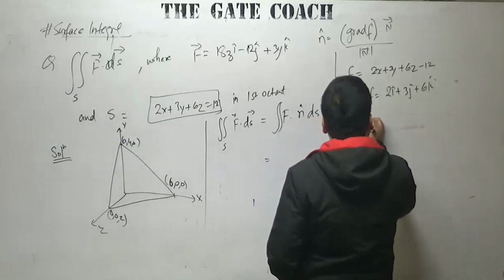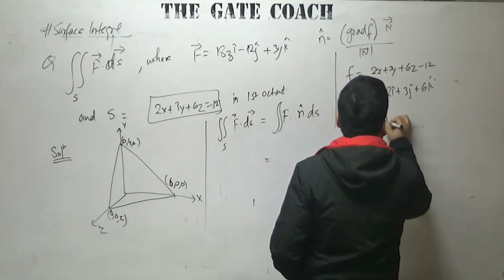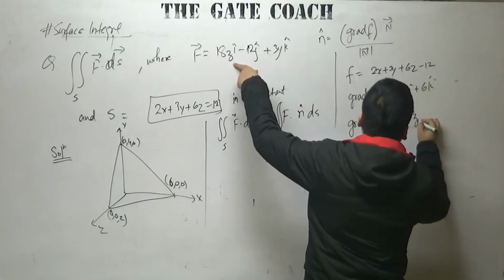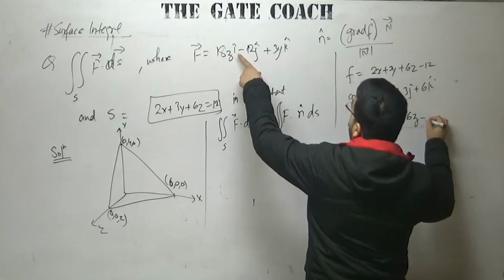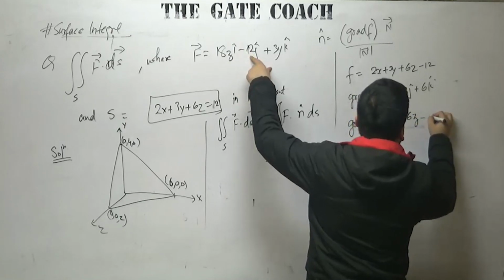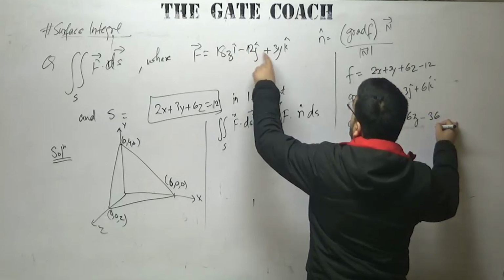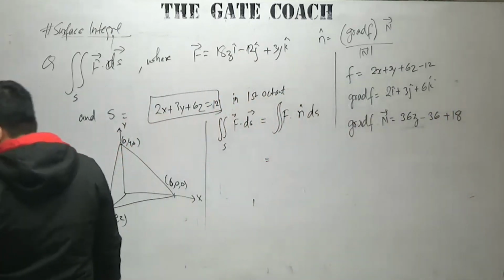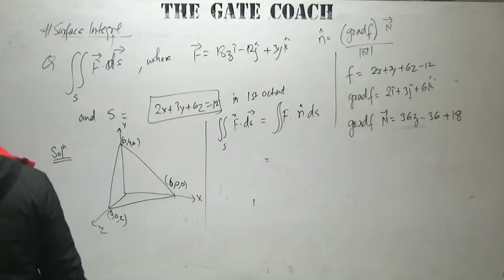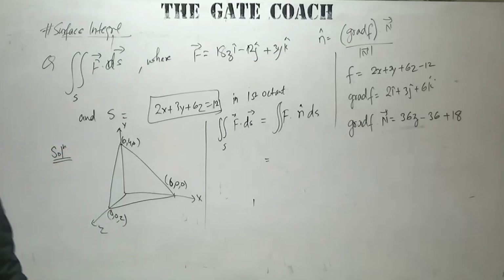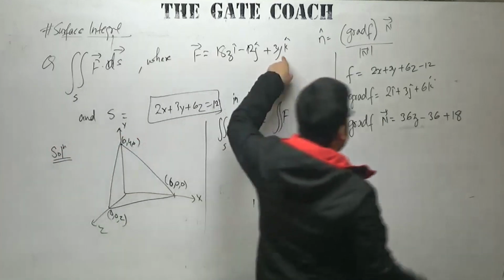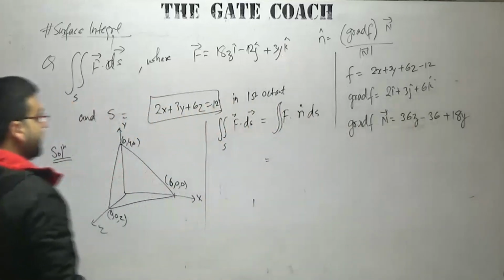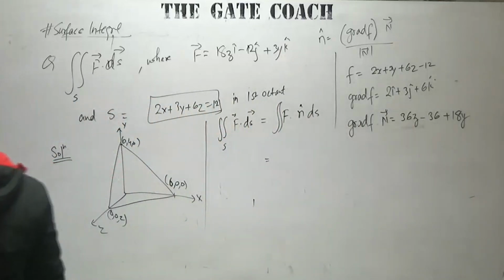Now grad f dot n vector will be equal to 36z minus 36 plus 18 times y. That is what grad f dot this is.